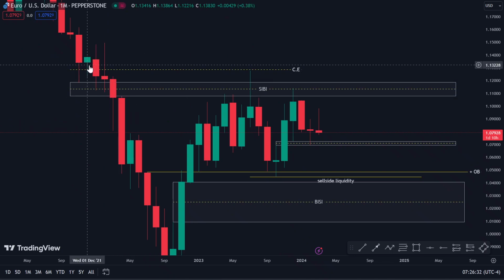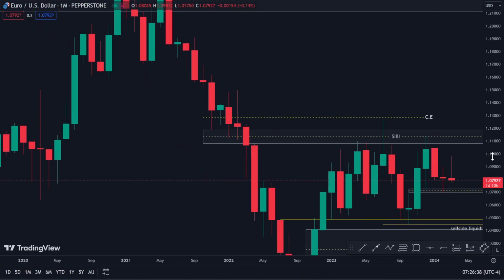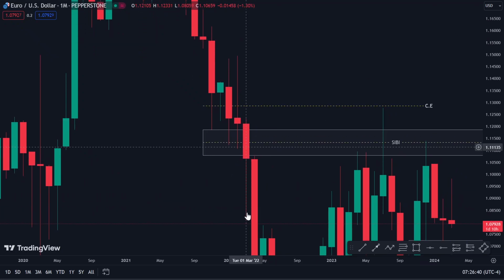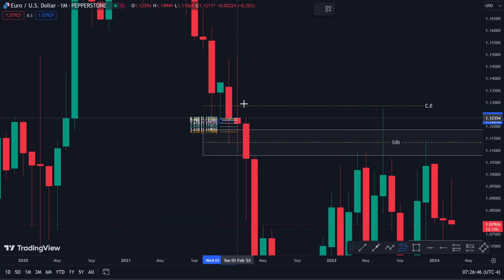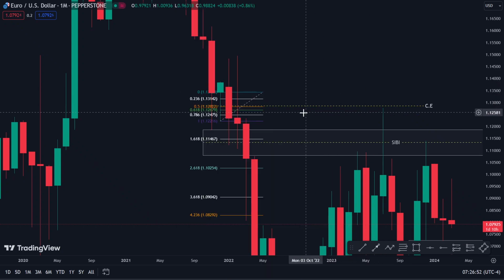This is our bearish order block. And you see we have a wick in our bearish order block. So if we measure, remember, the halfway point of wicks is a very sensitive price reaction point. Look at this.